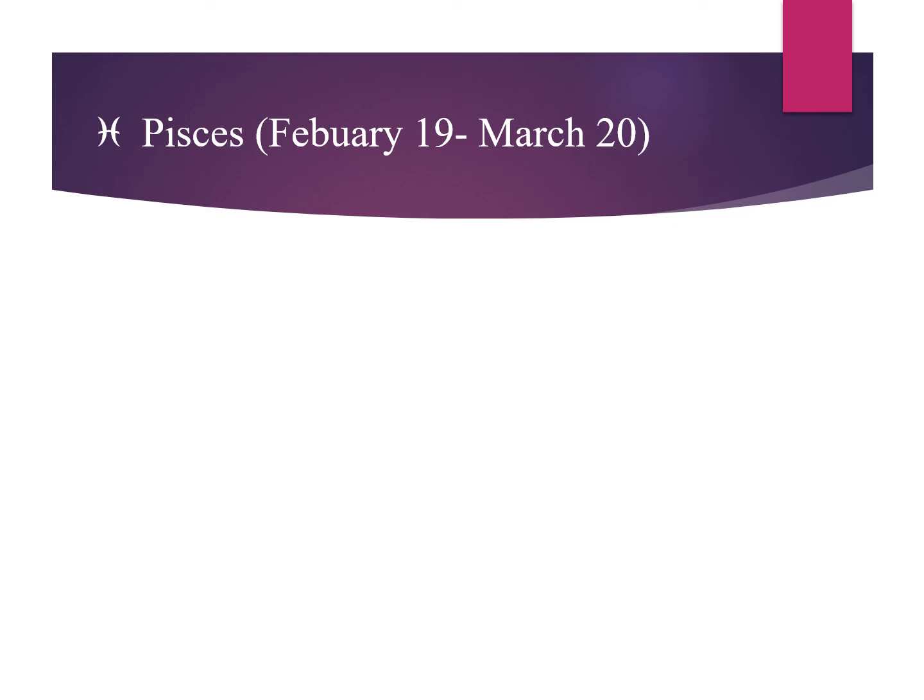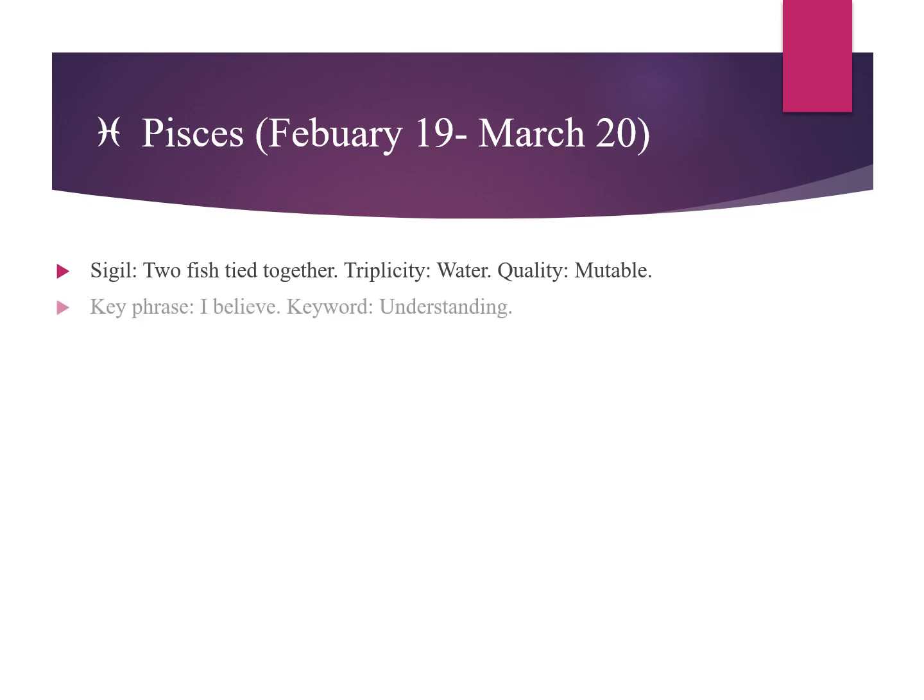And finally, Pisces, which runs from February the 19th through March the 20th. The sigil for Pisces is two fish tied together. Its triplicity is water, and its quality is mutable. The key phrase for Pisces is I believe, and the key word is understanding.